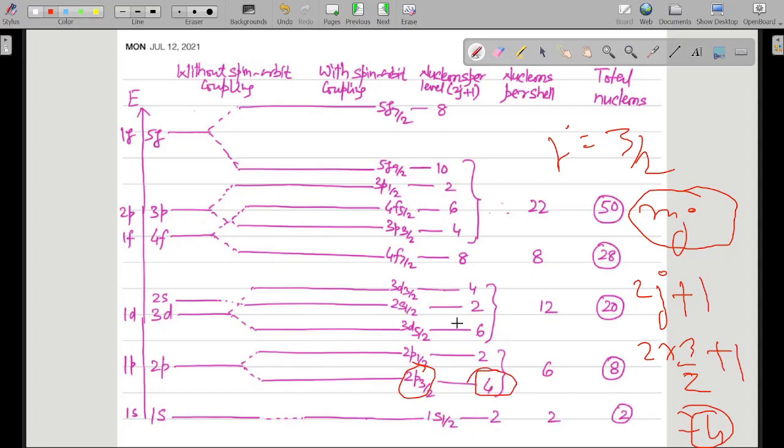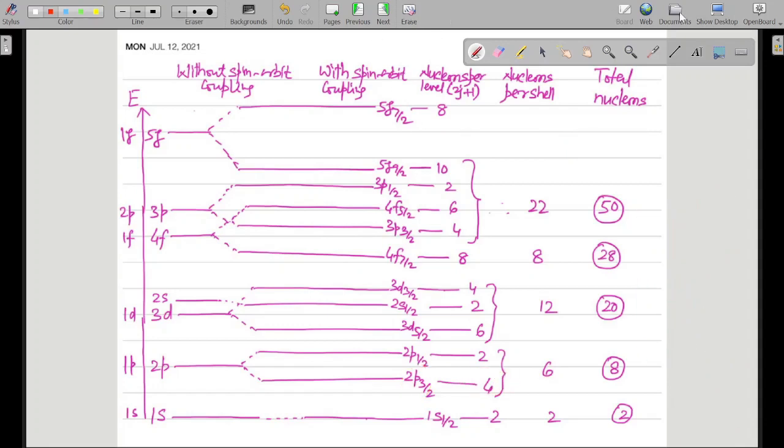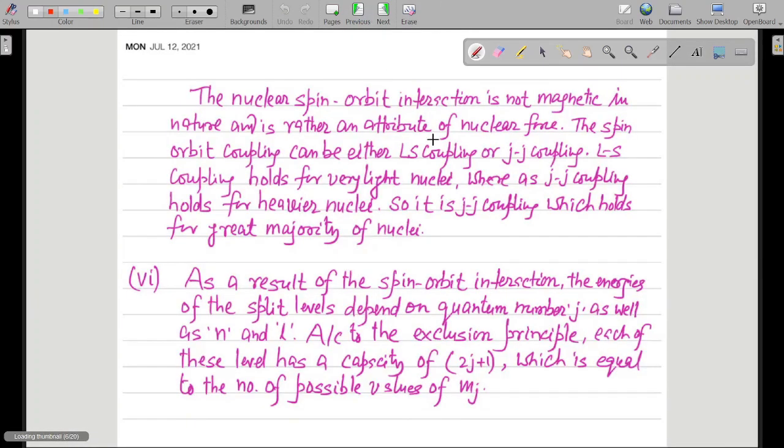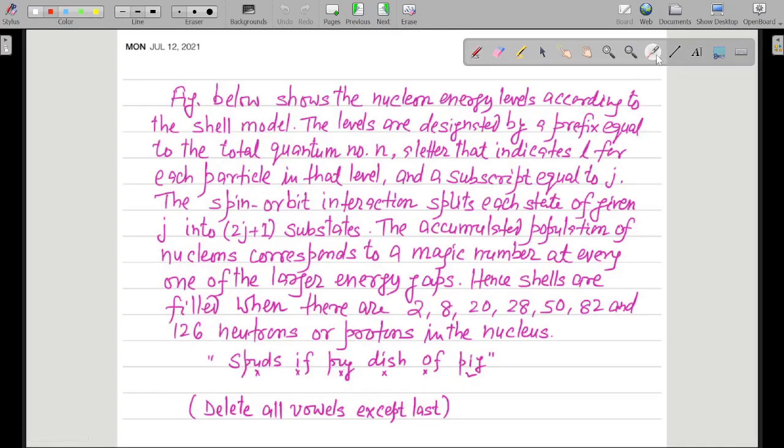So 2j plus 1 is the total number of particles it can hold and also the total number of mj quantum number values. You have already seen this in the previous slide, that the capacity of 2j plus 1 is the total possible values of mj.